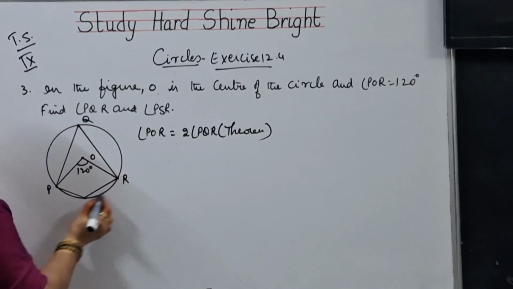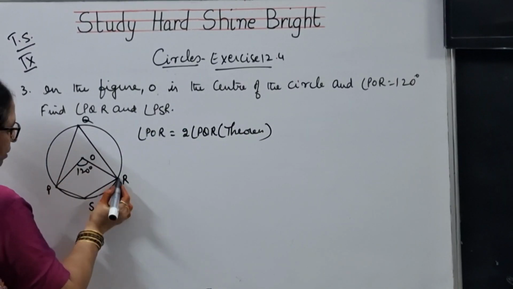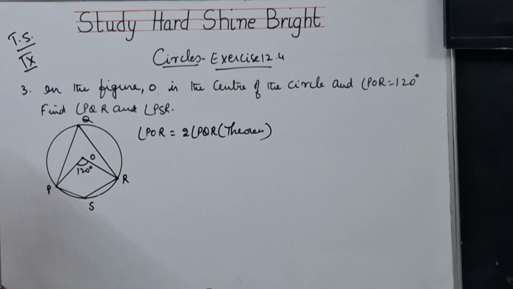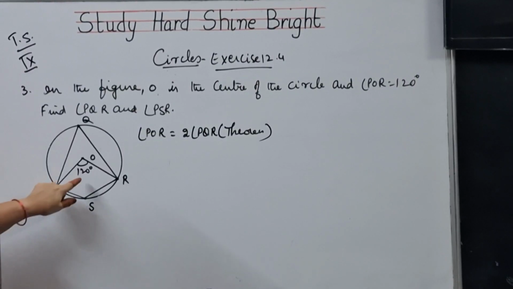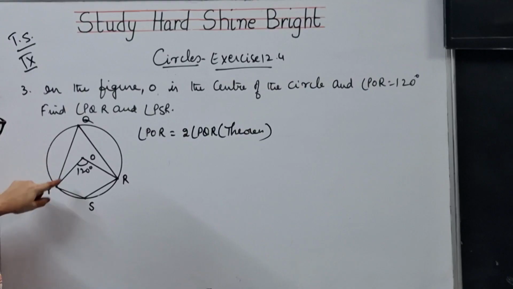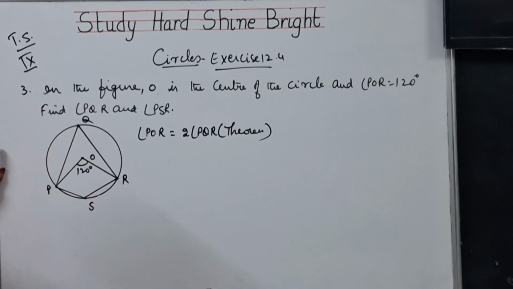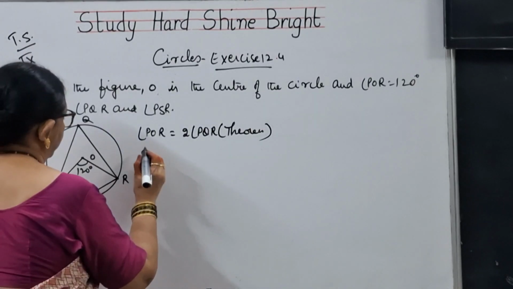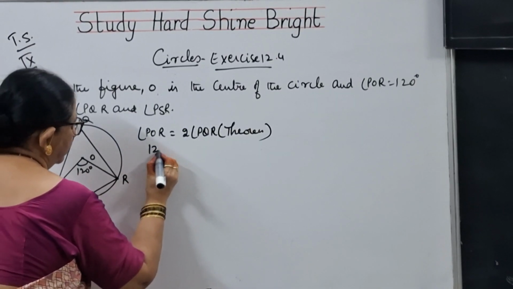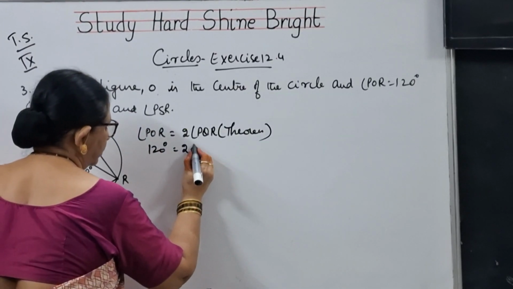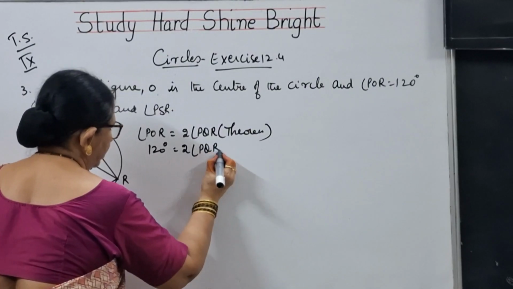Angle subtended by an arc at the center is double that of the angle subtended by the arc on the other side of the circle. So it is double. 2 times of angle PQR is angle POR. So what is angle POR? 120 degrees is 2 times of angle PQR.